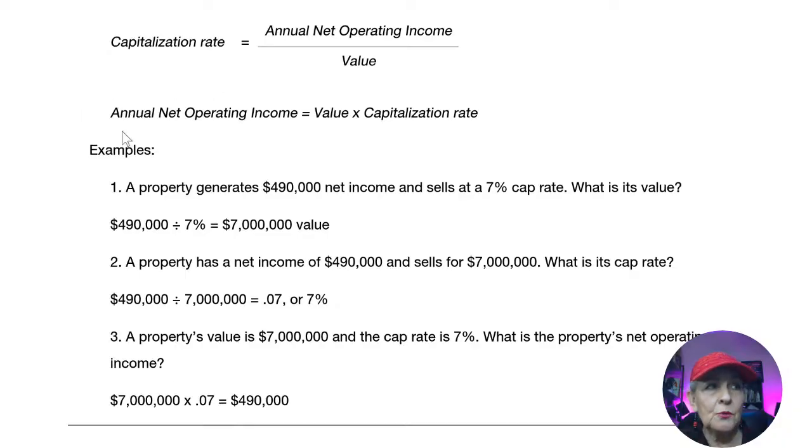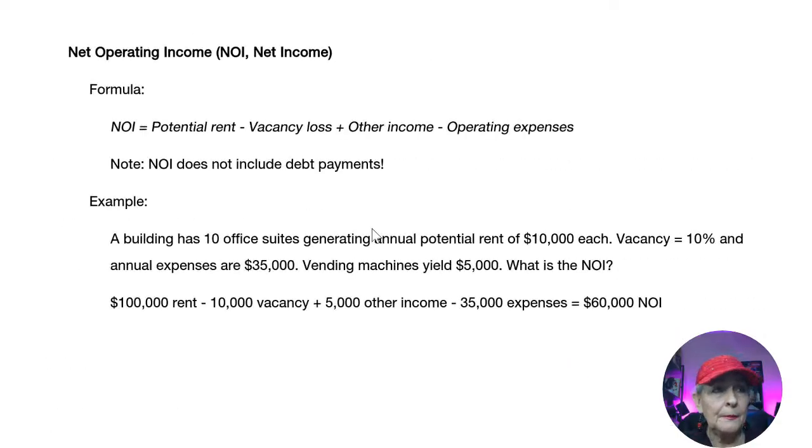So this is what we're solving for. We have the value, 7 million, and 7% cap rate. So you multiply those two to get the annual operating income. If you wanted to know what the monthly net operating income was, you would divide by 12, right?